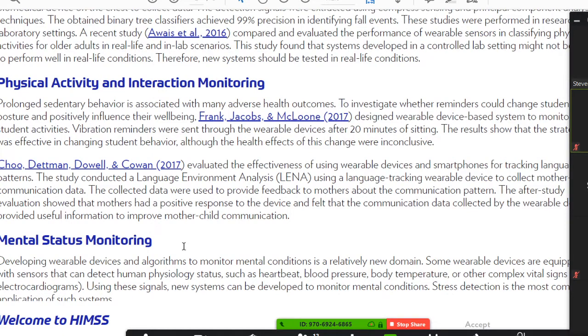So the government wants to put some funding to support people to keep mental health. So mental status monitoring is also something we can do with a wearable device. Wearable device is a very broad area. For example, you can use wearable ECG, wearable EMG and EEG machines. These are also called wearable devices.